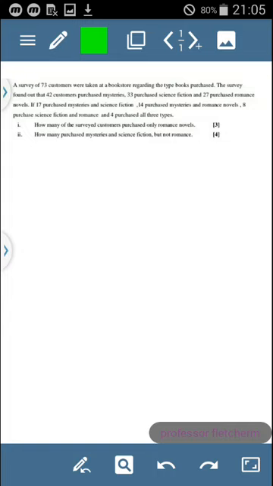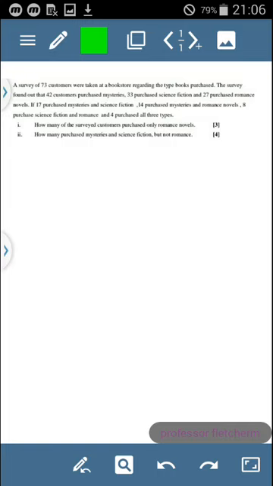If 17 purchased mysteries and science fiction, 14 purchased mysteries and romance novels, 8 purchased science fiction and romance, and 4 purchased all 3 types of books. And the question goes on, how many of the surveyed customers purchased only romance books?